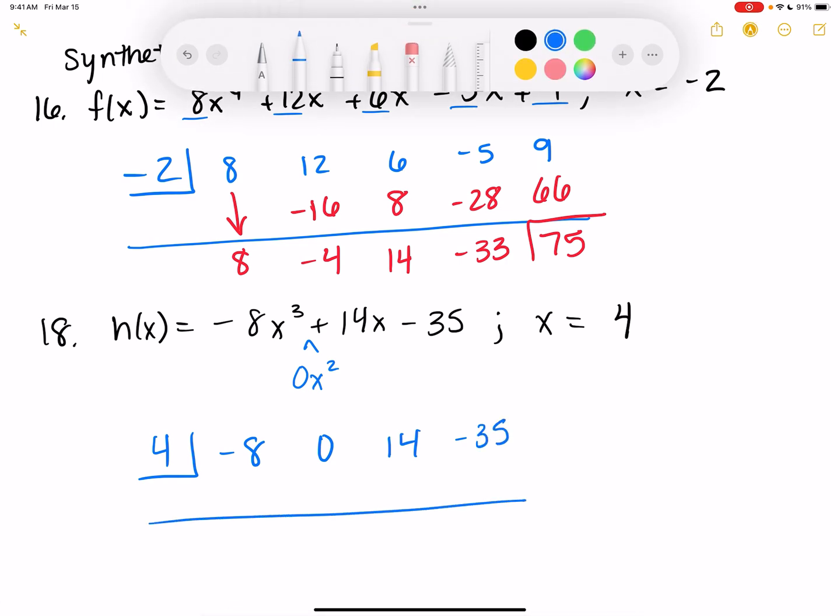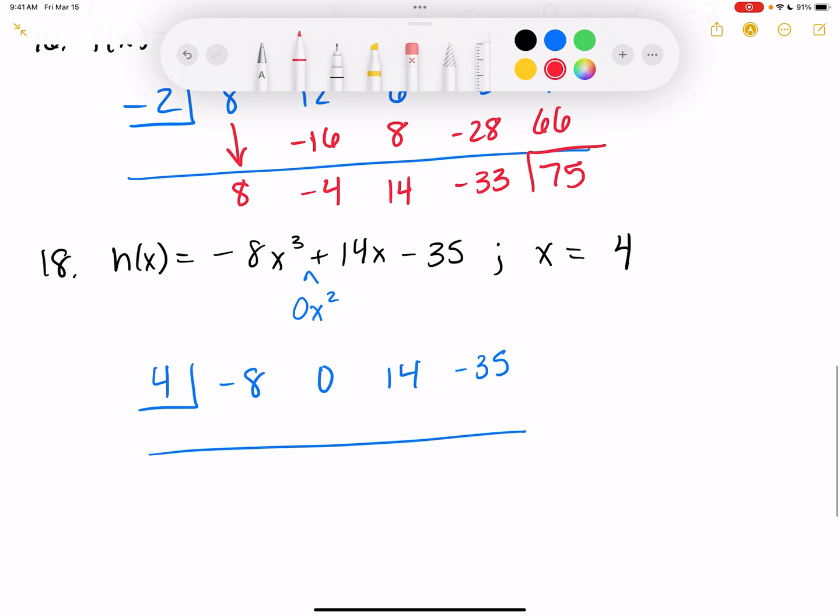So I start out by bringing down the negative 8. Multiply by 4, so that's negative 32. Plus 0 is negative 32. Times 4 is negative 128. Add 14, so that's going to be negative 114.